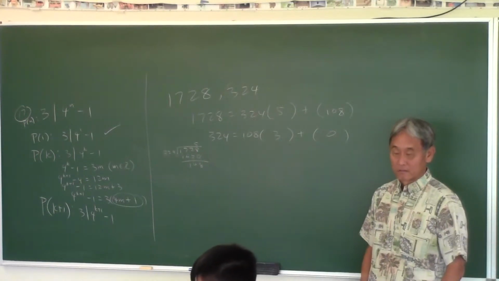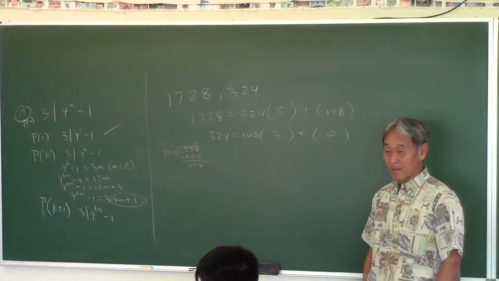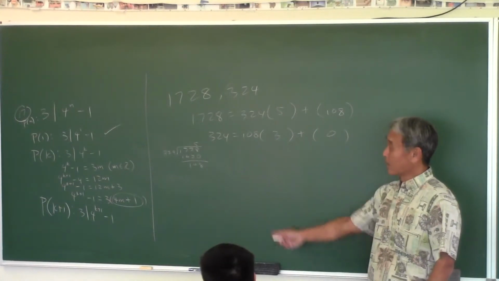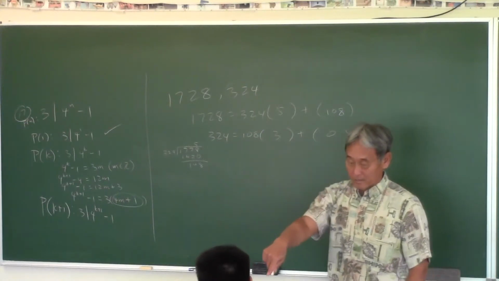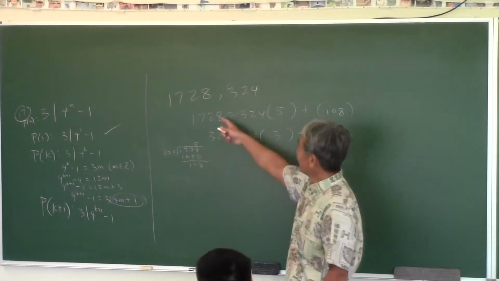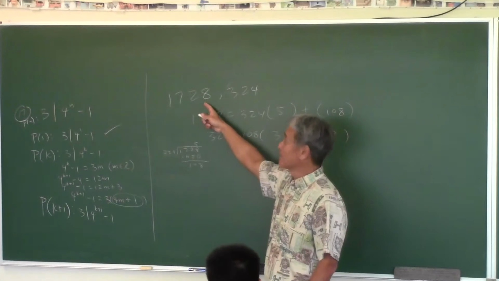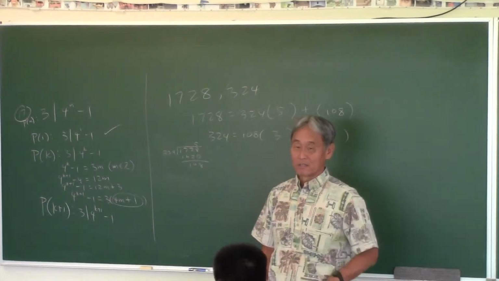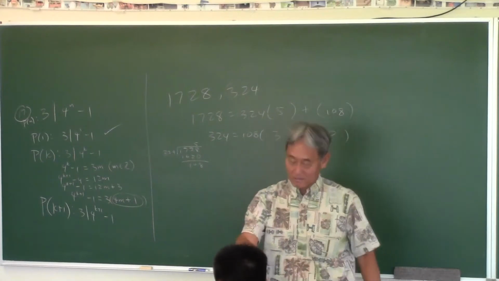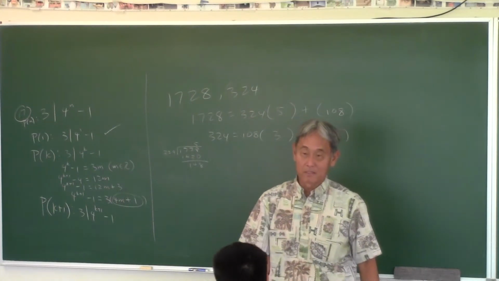Trent, stop playing around. On your iPad, find the greatest common divisor for this. Wolfram Alpha, or just punch it in. Can't you speak to it?